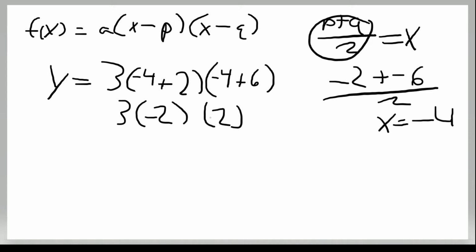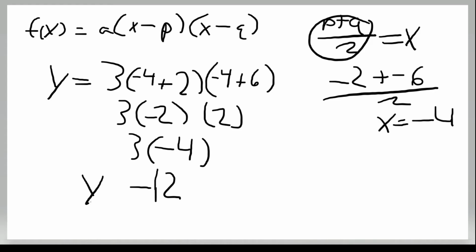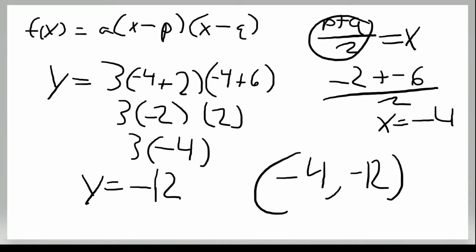Parentheses first, and you get -4 times 3, which is going to be -12. Y equals -12 and x equals -4, so it's going to be (-4, -12). That's going to be the vertex, which is the bottom part of the parabola.